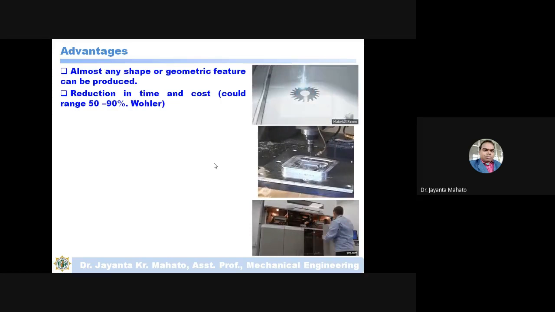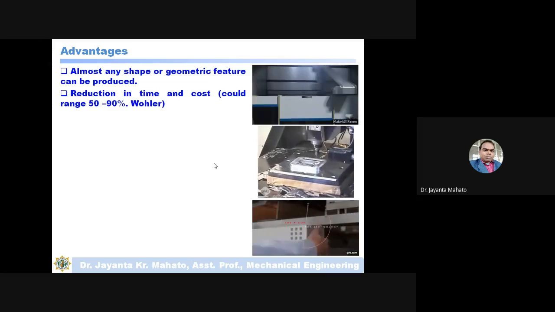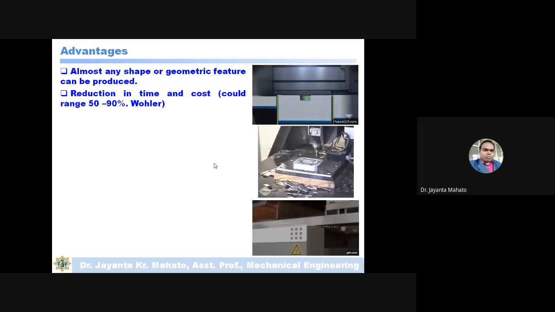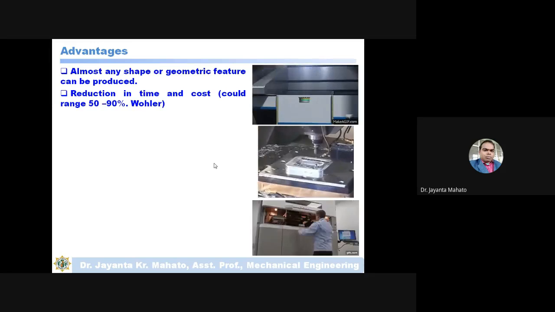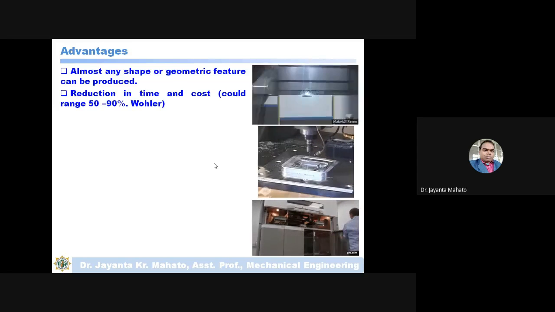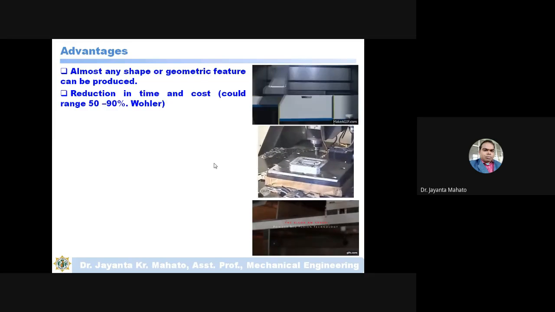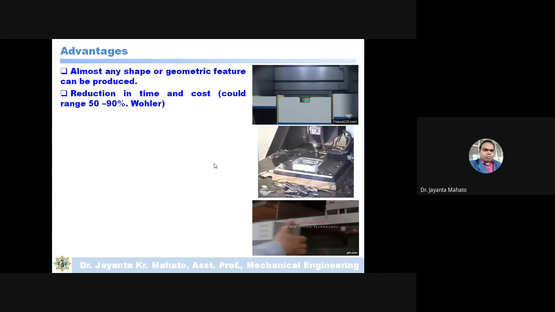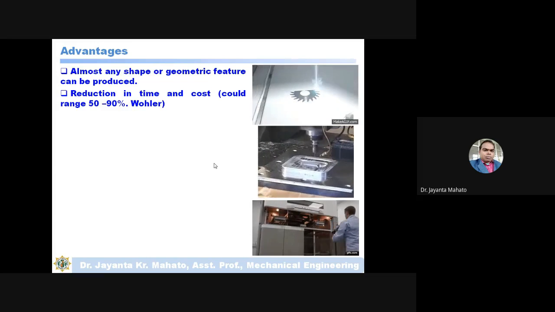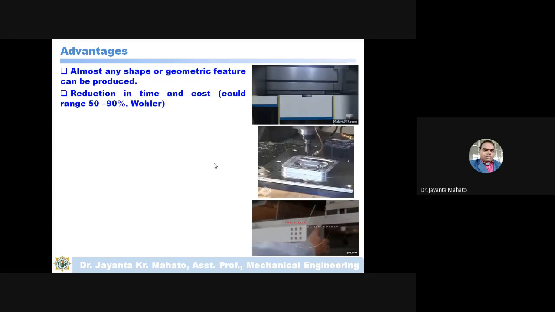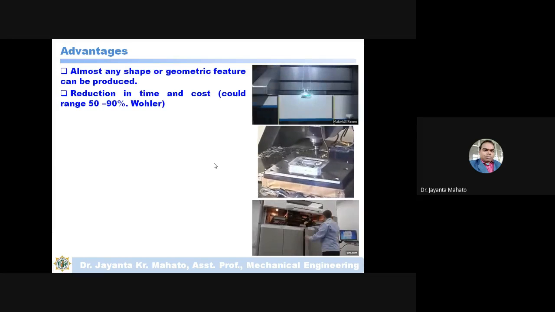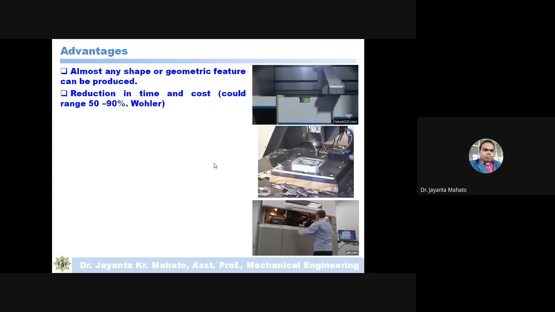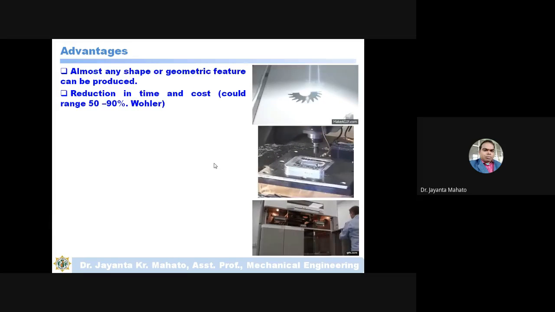Another is a reduction in time and cost. These are very rapid manufacturing processes. That's why it is also called rapid. By this manufacturing process, the product can be manufactured in a short time.